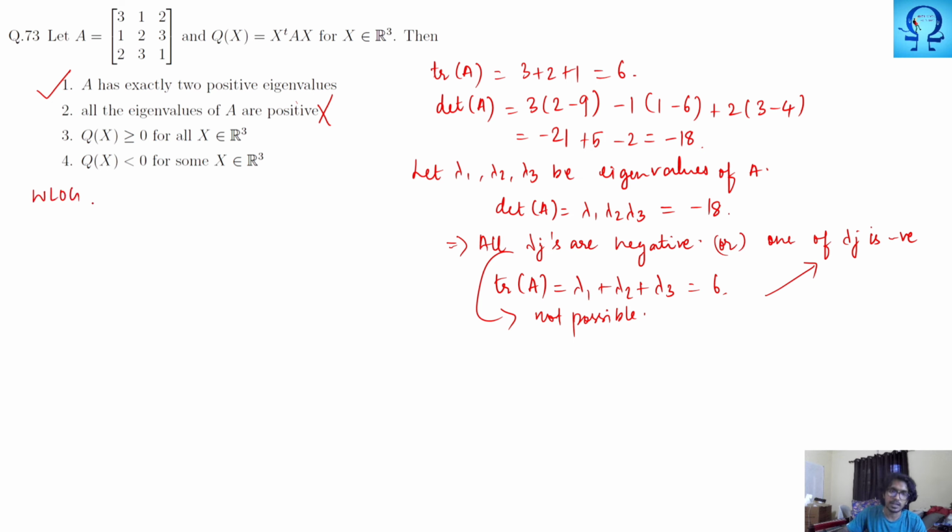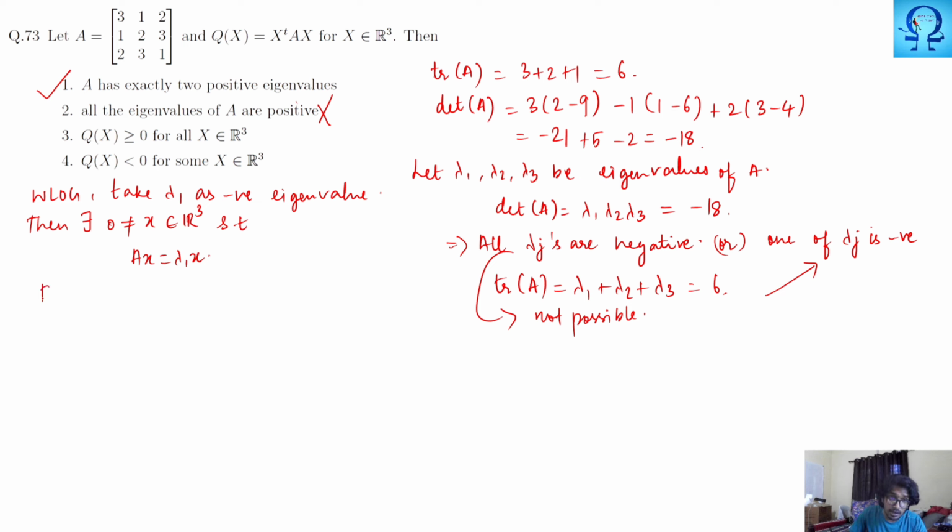Without loss of generality, take lambda 1 as the negative eigenvalue. The order in which we write doesn't matter. That is why I am choosing lambda 1 as the negative eigenvalue. Then there exists a non-zero x in R3 such that Ax is equal to lambda 1 x.